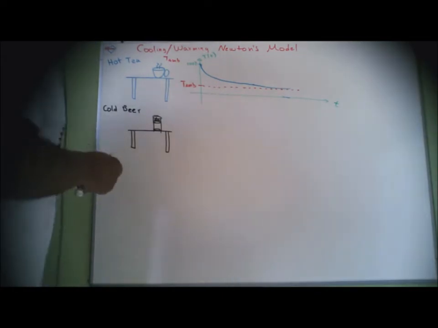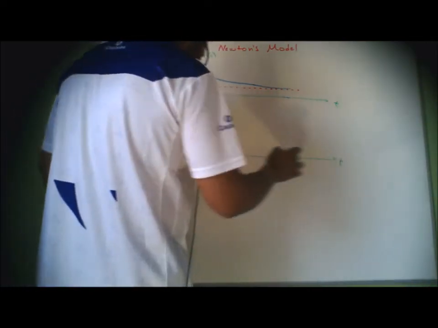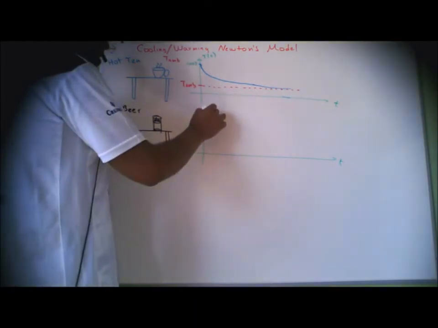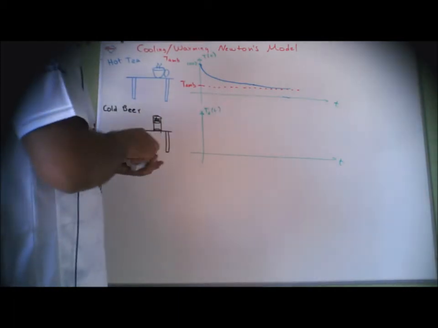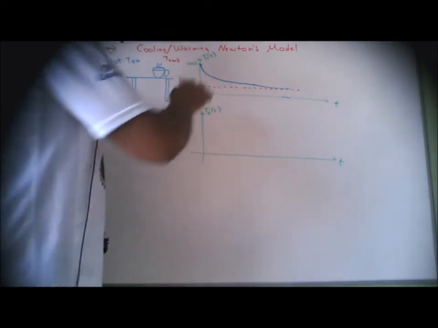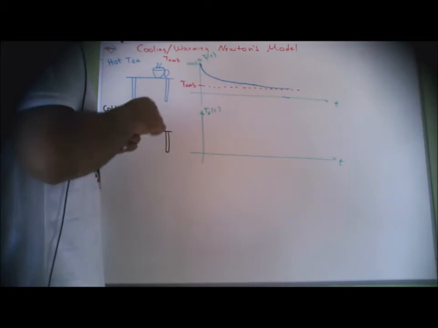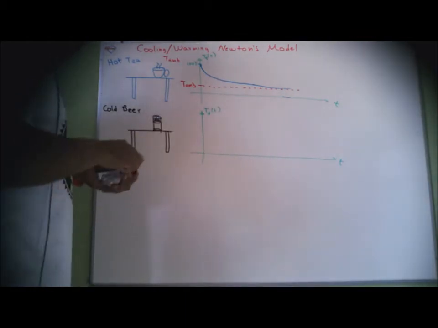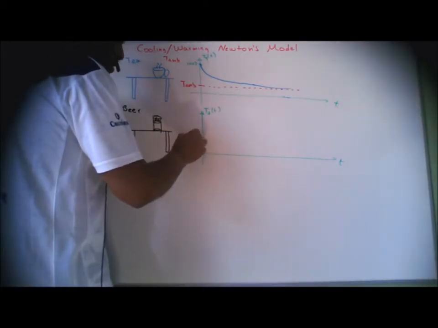So if I make a plot of the time and the temperature, I'm going to use the temperature of the beer as a function of time. It doesn't matter, it's the same. So the temperature of the beer is cold, and let's assume that you have a T ambient somewhere here.